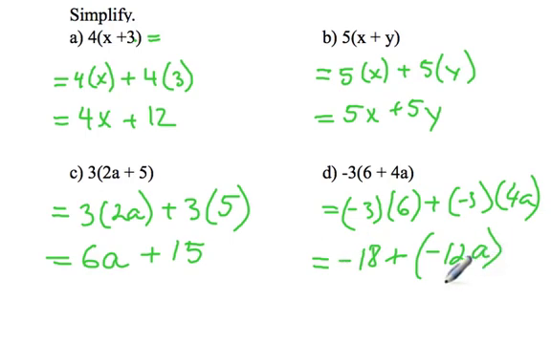We could leave an answer like that, or we can simplify it further by saying negative 18 and plus and minus we can rewrite as take away 12a.